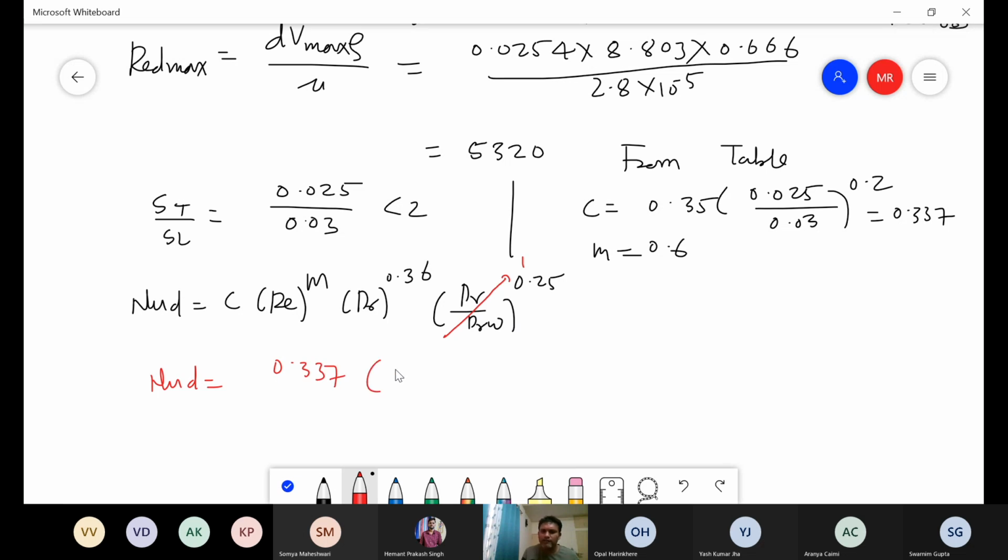Reynolds number we have already obtained, 5320, raised to the power M, so that is 0.6, into Prandtl number 0.683 raised to the power 0.36 into 1. So please calculate.